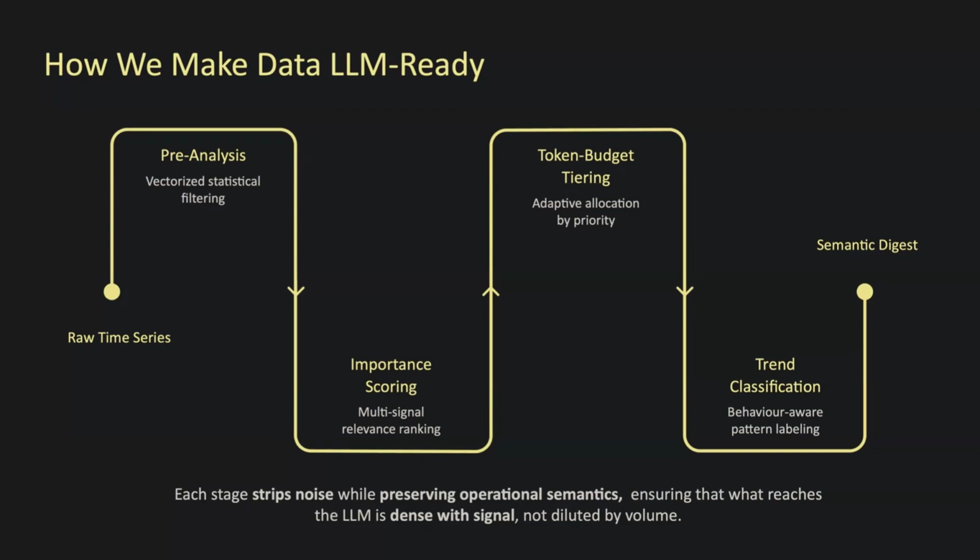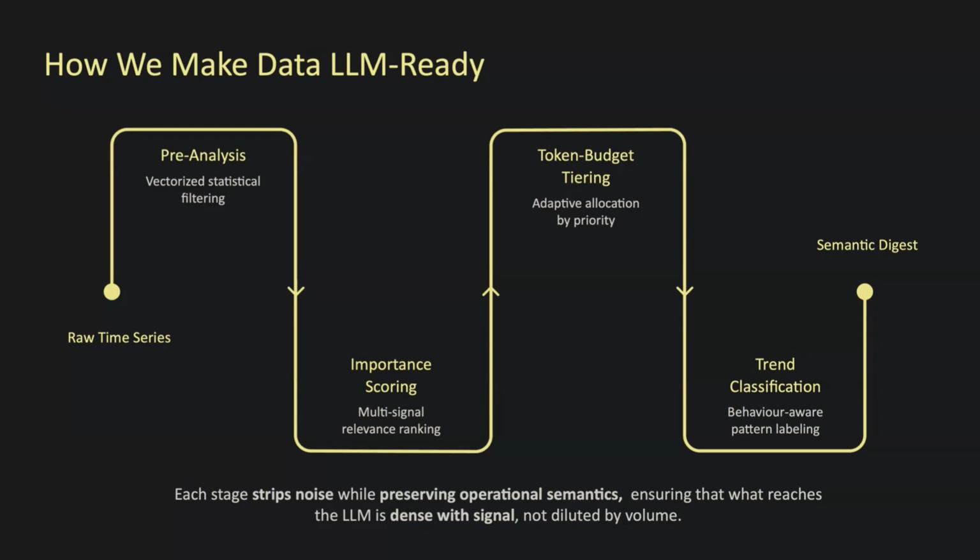And once this pre-analysis is done, it gets passed on to the next step, which is importance scoring. In the first step, we have condensed the data into interesting signals. But now we need to tell the LLM what is important and what actually matters. And this is done by scoring all of these individual time series. And there are several parameters that get taken into account. Once the scoring is done, the next step is adaptive token budget tiering. If you think about it, LLMs have a limited context.